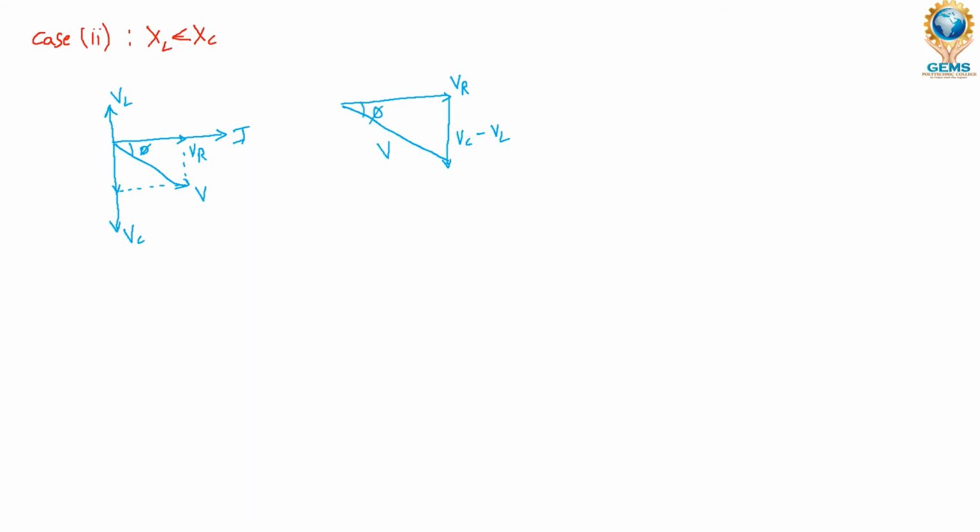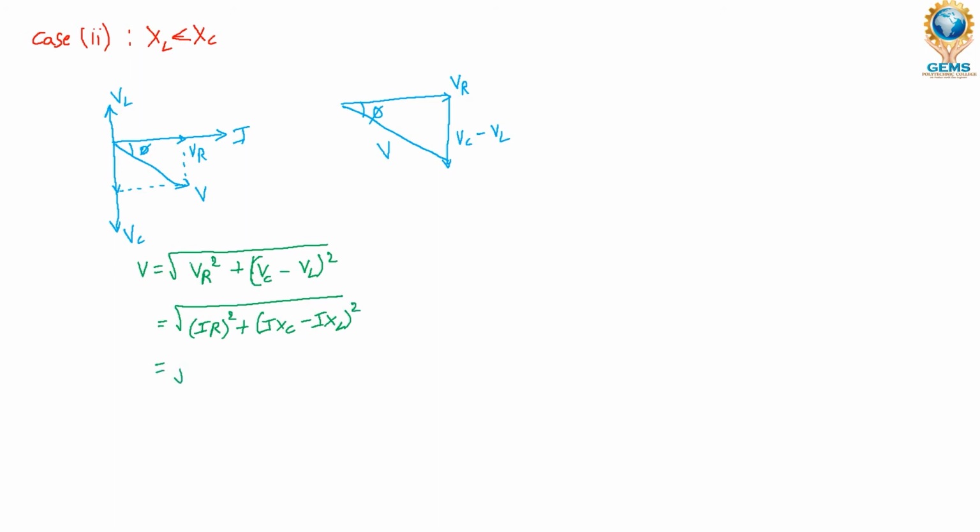From this, if we see the voltage, V equals square root of VR square plus (VC minus VL) whole square. VR equals I into R, whole square, plus VC is I into XC minus VL is I into XL, whole square.